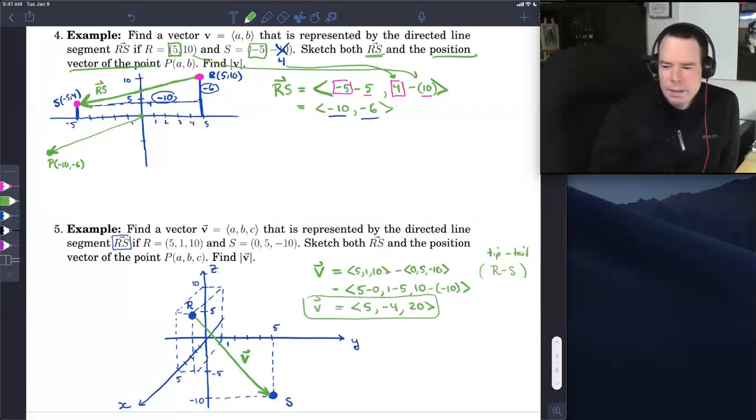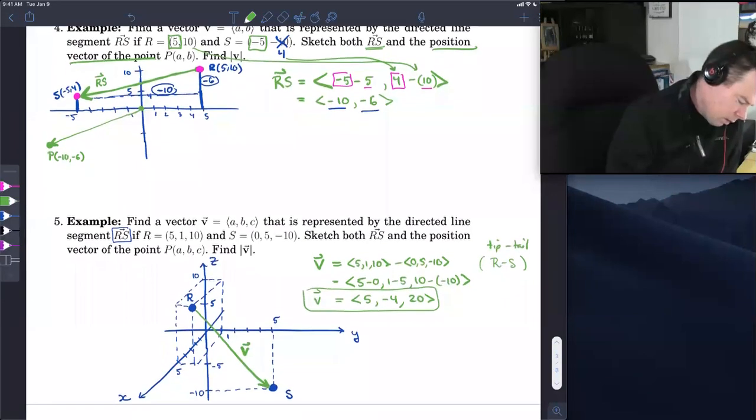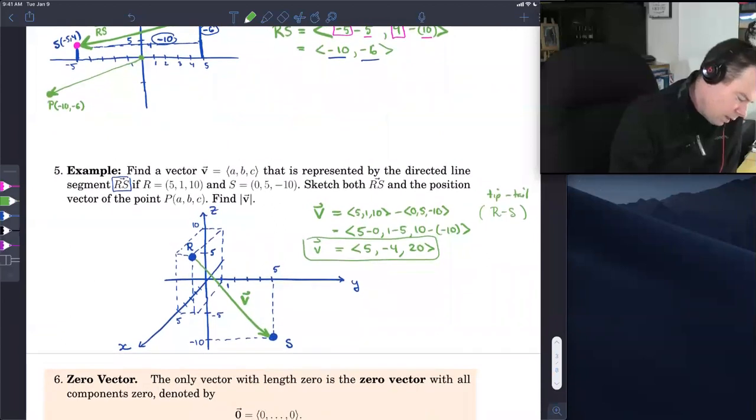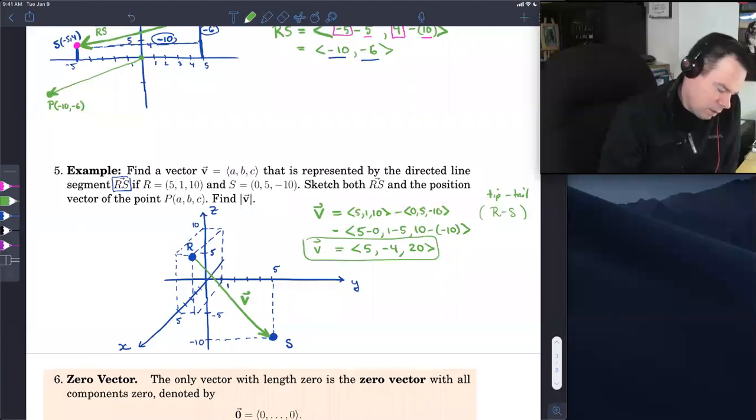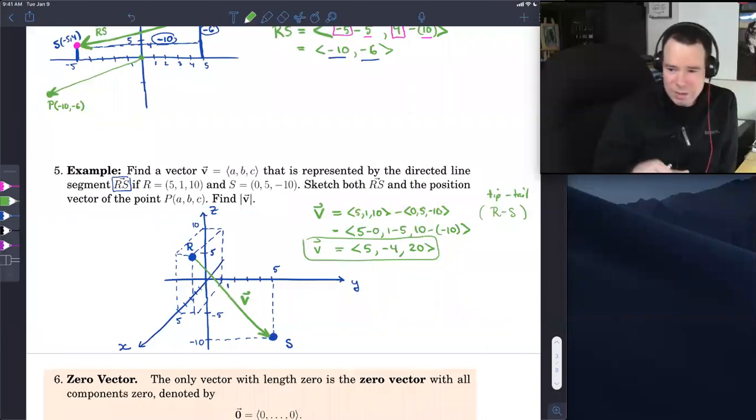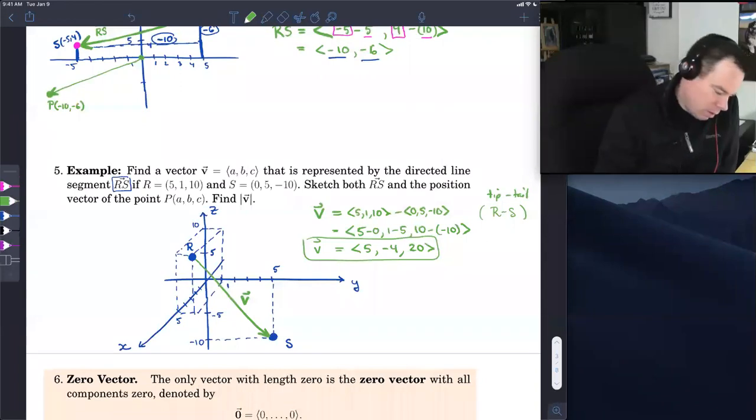Okay, and now the last part of the question says sketch both the vector R to S, which we've done, that's our vector V, and the position vector of the point P, which has the coordinates given by A, B, and C, which are the components of our vector. In other words, we're going to slide that vector V so it starts at the origin.